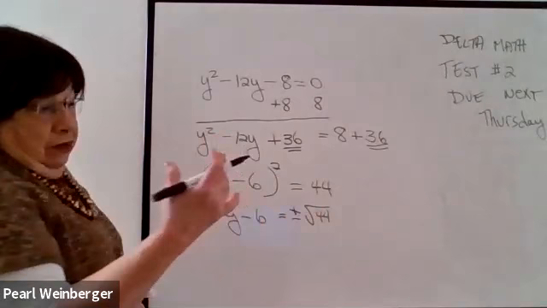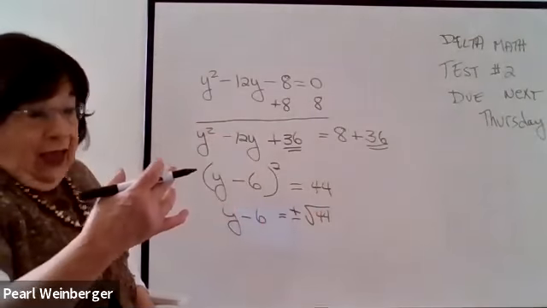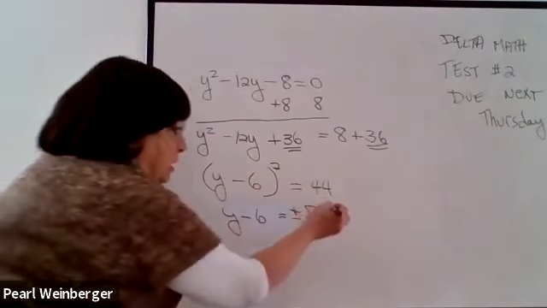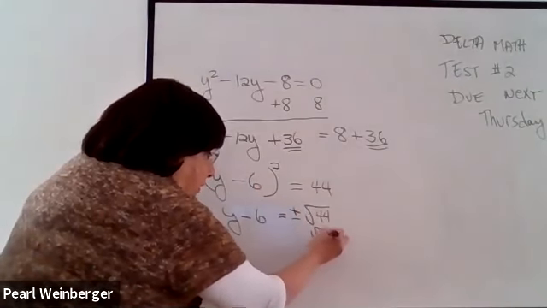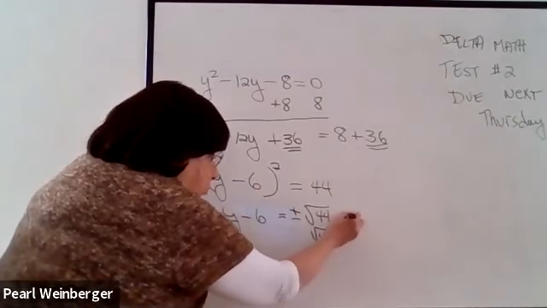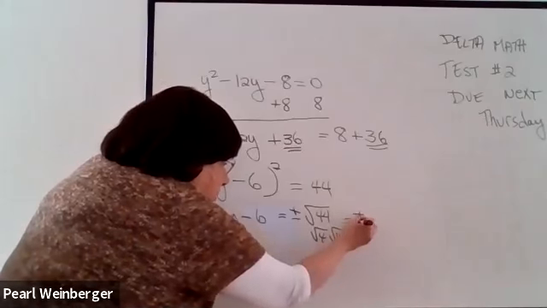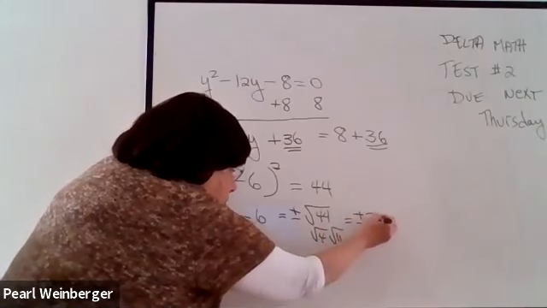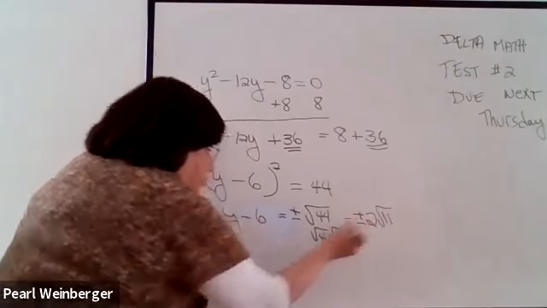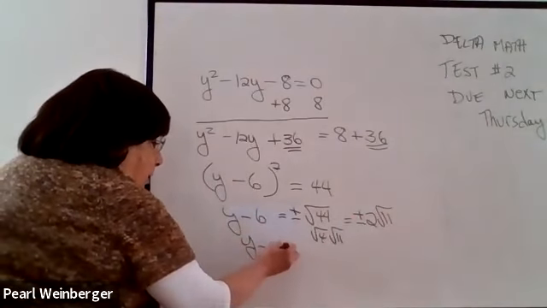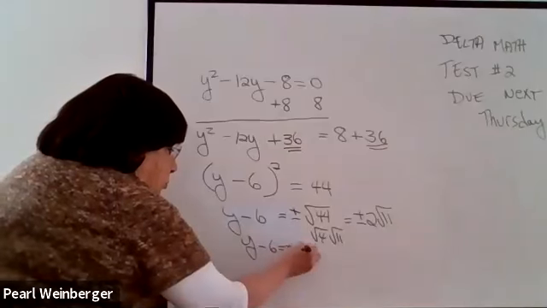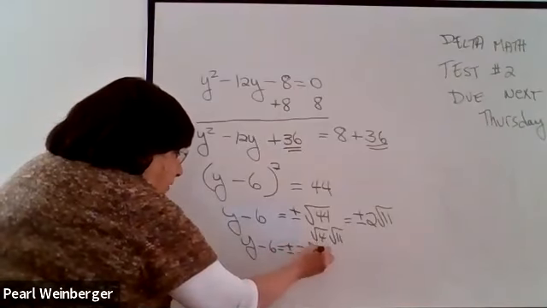And it's not a perfect square, but I can simplify this into the square root of 4 times the square root of 11. So this becomes plus or minus 2 radical 11. So we have our y minus 6 equaling plus or minus 2 radical 11.